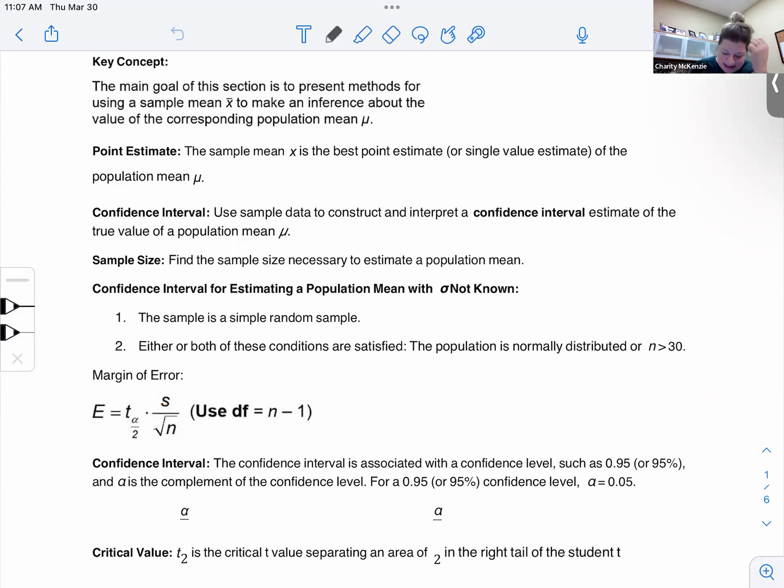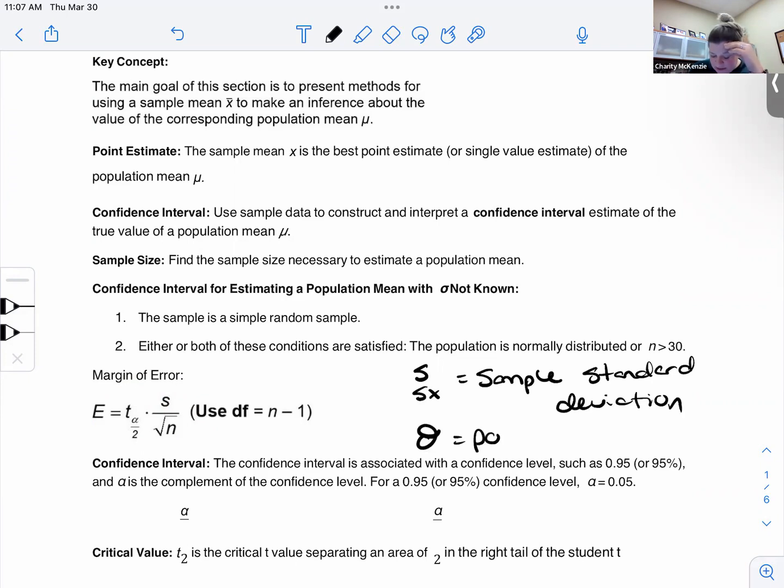So sometimes that's S or sometimes it's SX, okay? And this is the sample standard deviation. So I'm writing that down because this one is the population standard deviation. It's a big deal on this one, standard deviation.